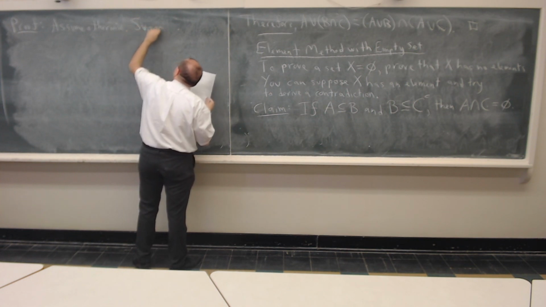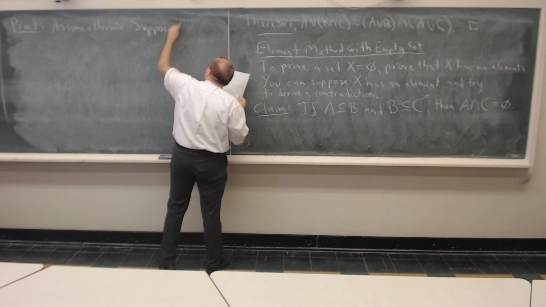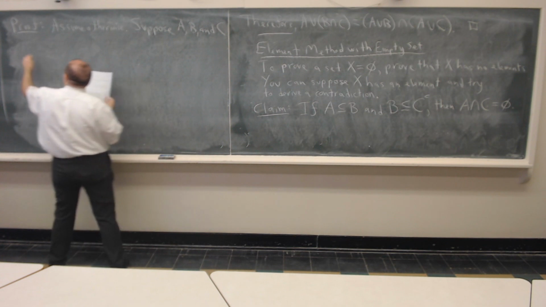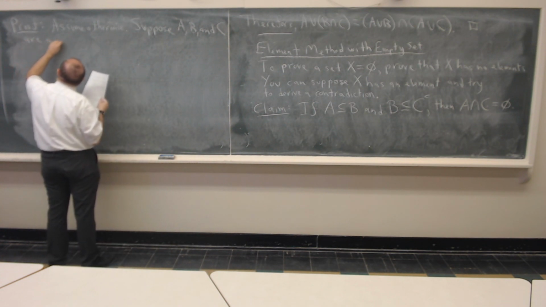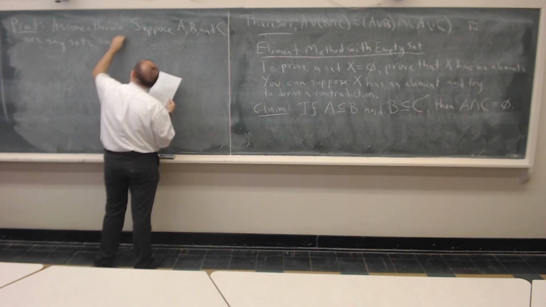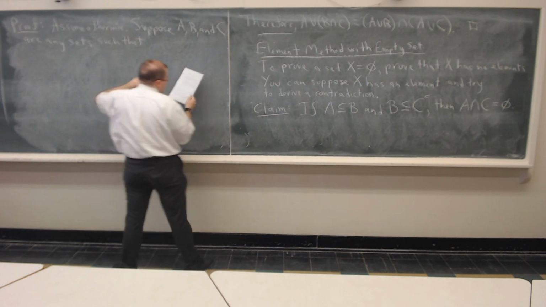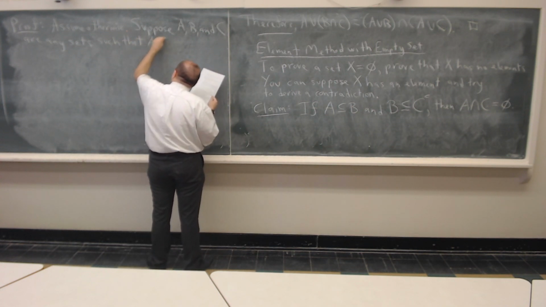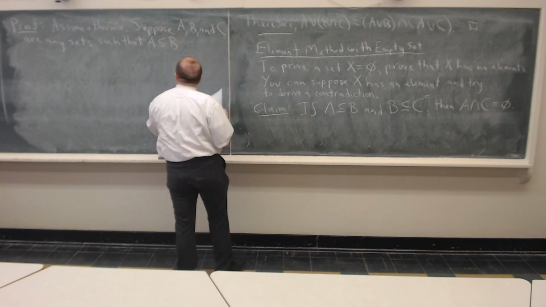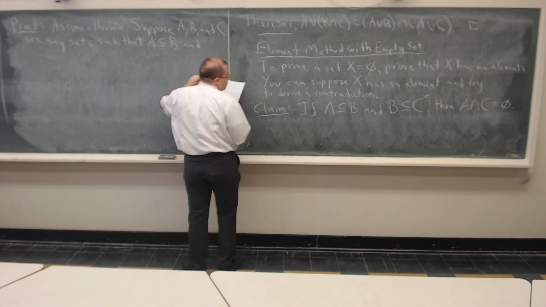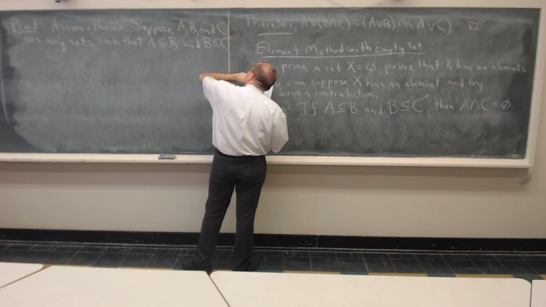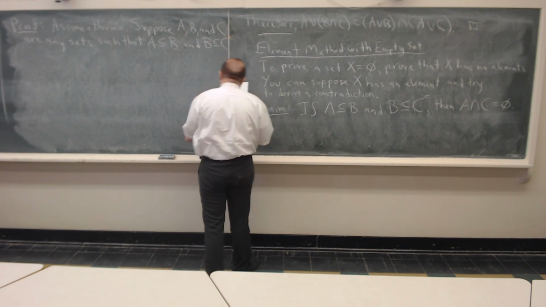Suppose A, B, and C are any sets such that A is a subset of B, right? That's sitting right there. And B is a subset of the set C, but its complement, right? Don't forget the little c there.